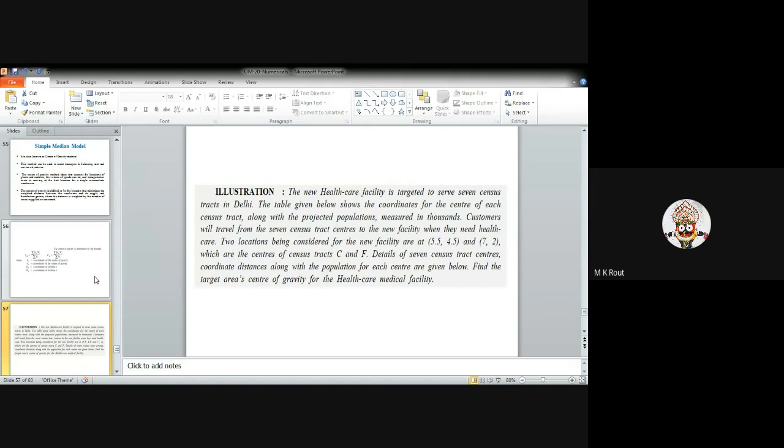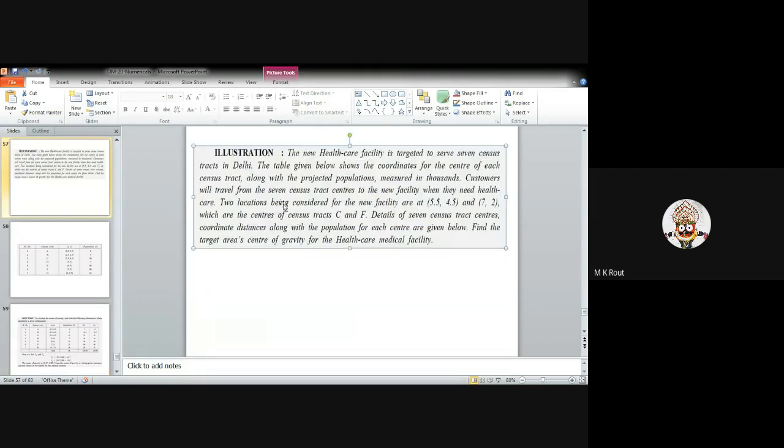The two locations being considered are (5.5, 4.5) and (7, 2), which are the centers of census tracts C and F. Find the target area, the center of gravity, for the healthcare medical facility.